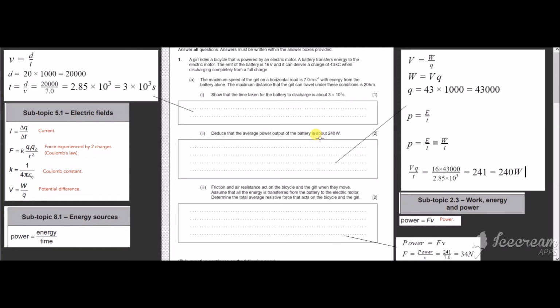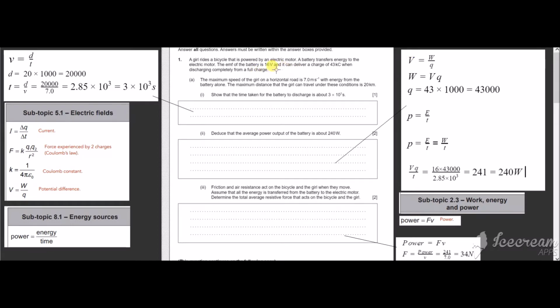So we need to know two equations for this question. The first equation is that the voltage is equal to work done over the charge, and the second equation is power is equal to energy transferred over time. First thing, over here we know what the voltage is.